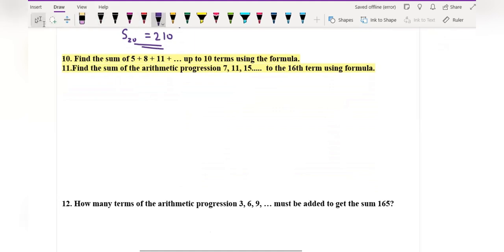For you all, I shall solve 11. They give the series, that is a is equal to 7, and the difference is 11 minus 7, which is 4. They're asking you to find the 16th term. Let us solve that 16th term question.